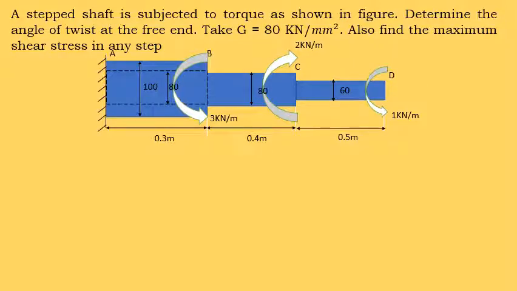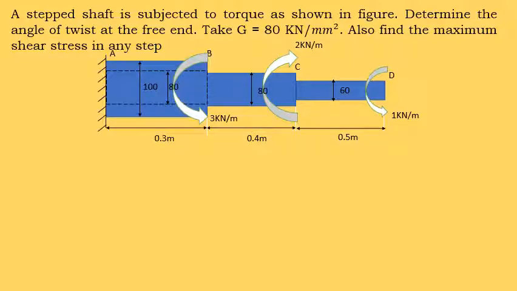See, this is the given figure. There are three portions in the stepped shaft, and it is fixed at one end, the other end is free. Portion AB is a hollow shaft because there is a groove inside this shaft. Next, portions BC and CD are solid shafts whose diameters are 80 and 60.